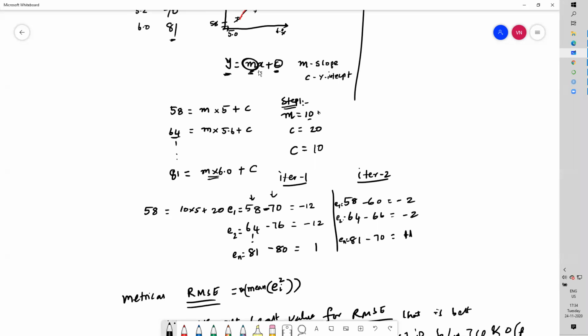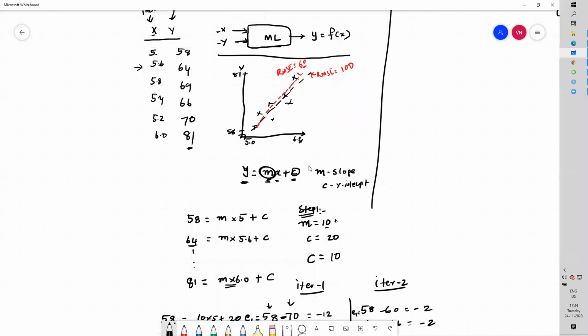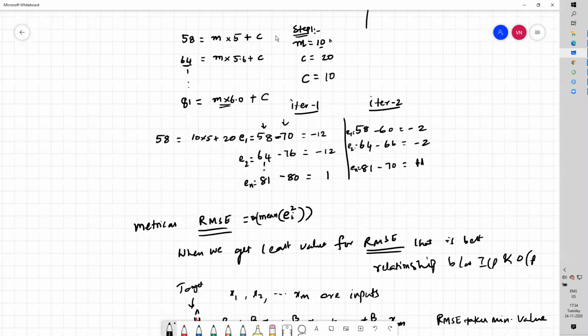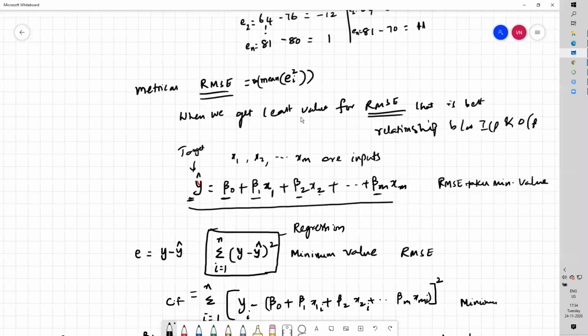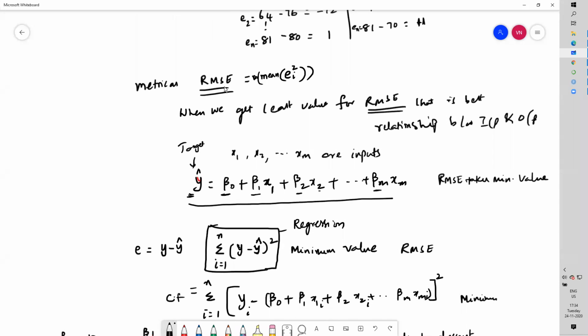Now, we need to find out those values of the unknowns, beta naught and beta 1, which represent this best line in such a way that we have the best relationship between our input and output. For that, we would always need a cost function. So in this case, let's say we are using RMSE as the cost function. We need to find the minimum value of RMSE for given values of beta naught and beta 1. That's the objective.